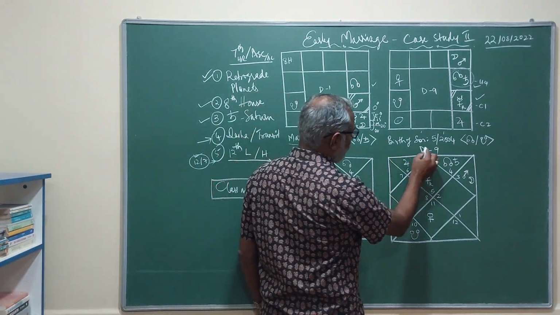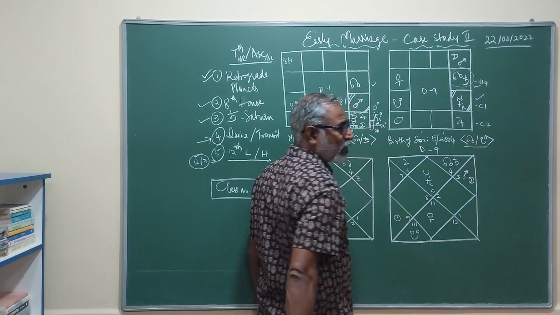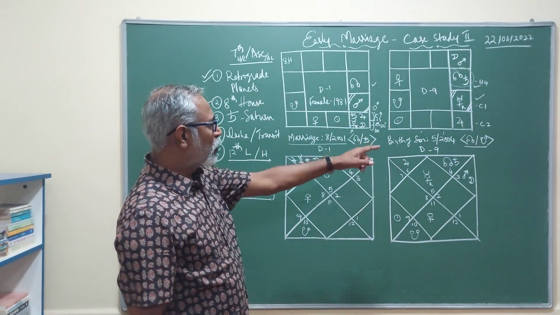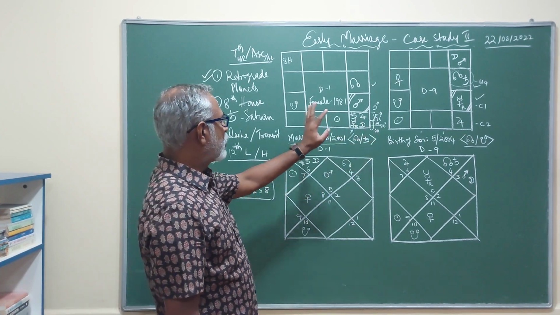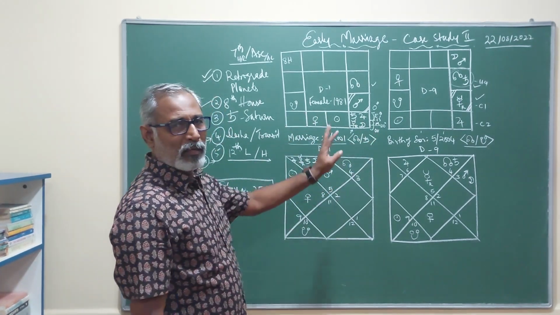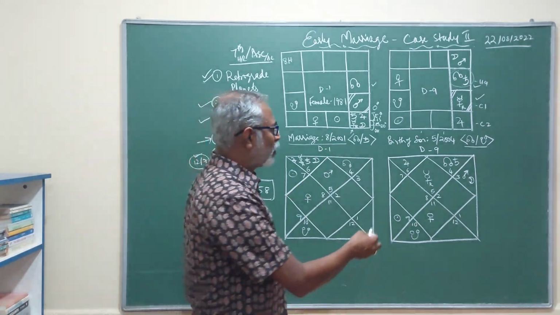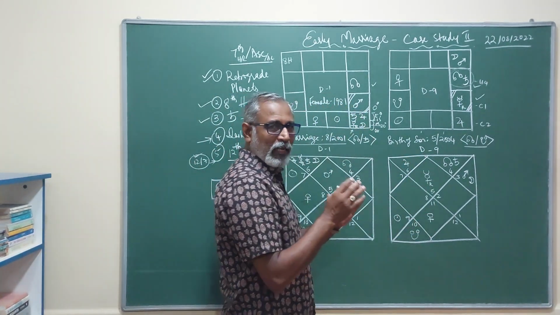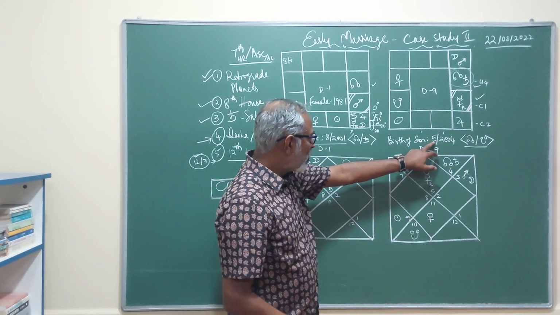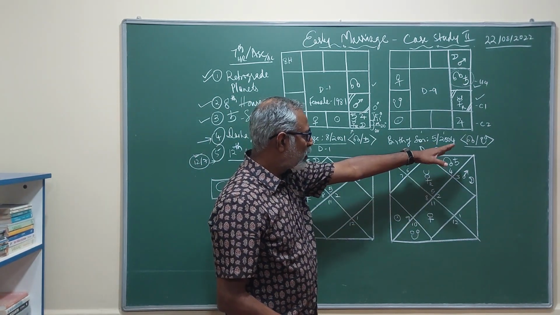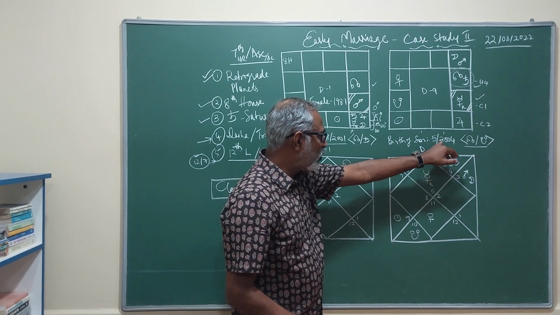The birth of a son has happened in Rahu Dasha and Ketu Bhukti in the chart. Rahu Dasha, Ketu Bhukti was just at the time of birth. Before that, the Rahu Dasha, Ketu Bhukti started only in April 2004.